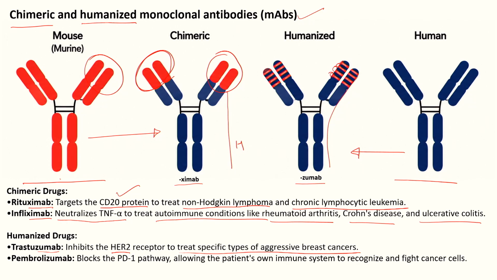Then we have pembrolizumab, which can block the PD-1 pathway. We have looked into PD-1, which is programmed death domain 1. If these proteins are expressed in a particular cell type, they can bind to PD-1. Basically PD-1 can be recognized by PD-1 ligand, and essentially there is no immune response against the cancer cell.